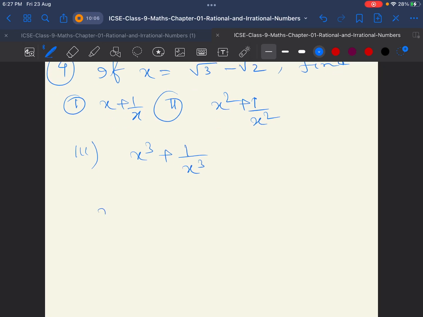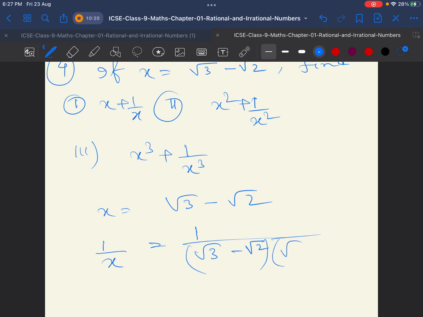So first we have x equals root 3 minus root 2. Now its reciprocal will be 1 by x, which is 1 by root 3 minus root 2. So here you have to rationalize the denominator.